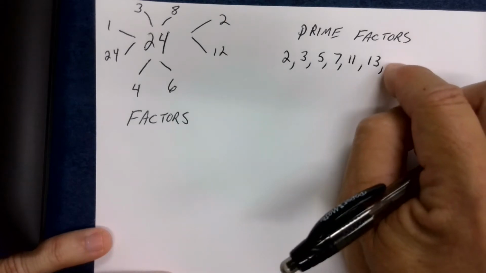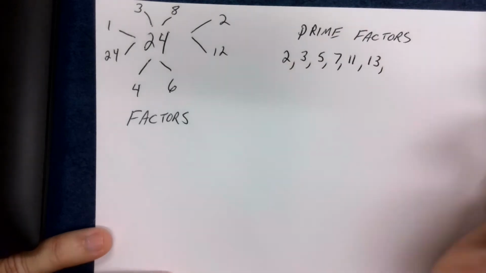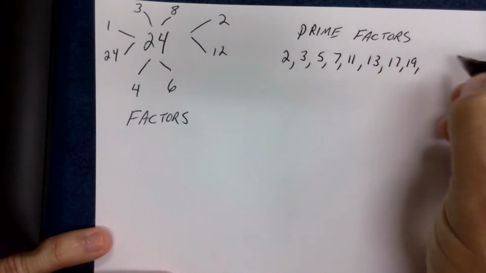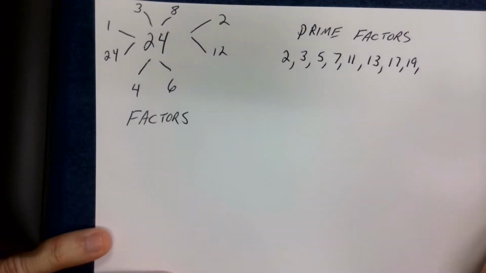And that's why I can't have any evens either, because every other even number is also divisible by 2. So 13, 17, 19, and then I'd ask you, does 21 work? And most of you go, nope, 21 doesn't work because that's 3 times 7. And 1 times 21. So again, prime factors are only divisible by 1 and themselves.